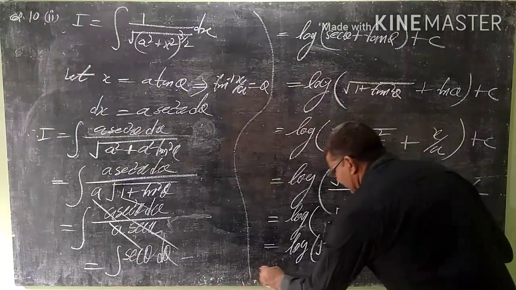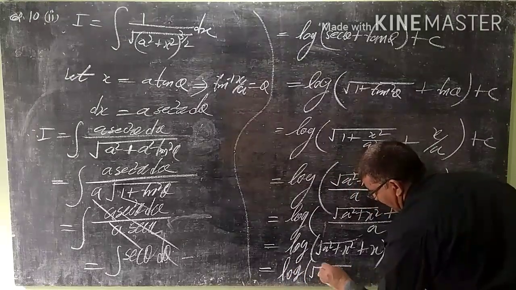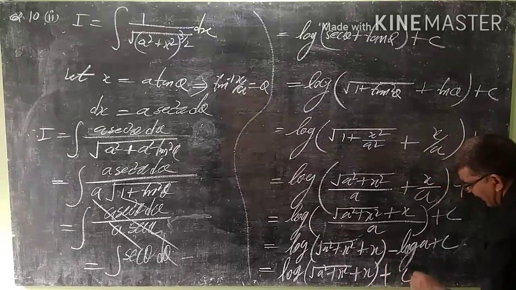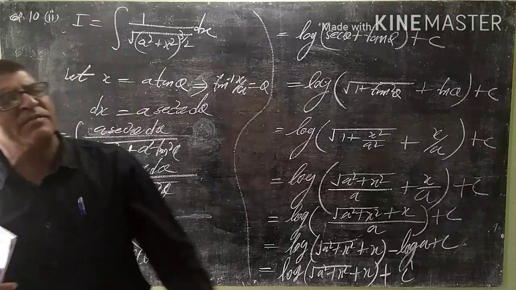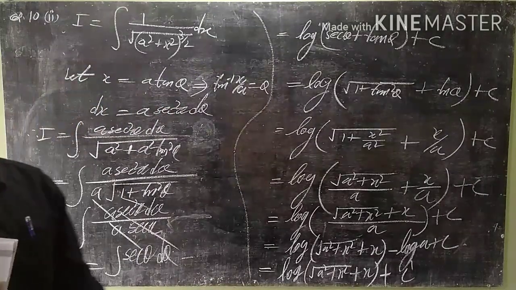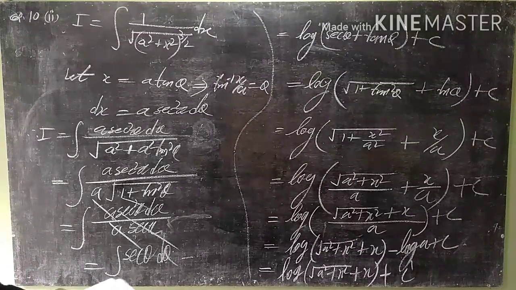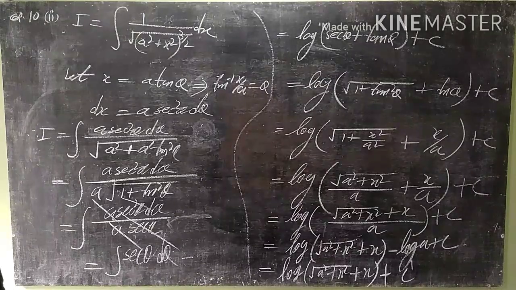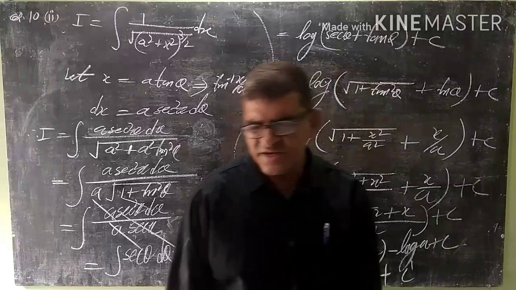Then it will become log under root a square plus x square plus x plus c dash, and you can write also c, because there is no difference between c dash and c, both are constant values. Then you can write it like this. This is your solution, and now the turn of next question.